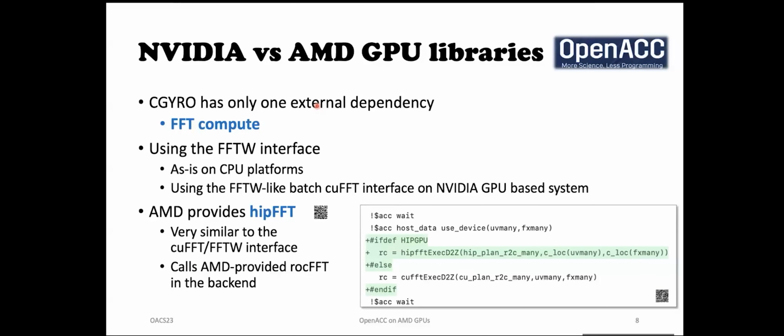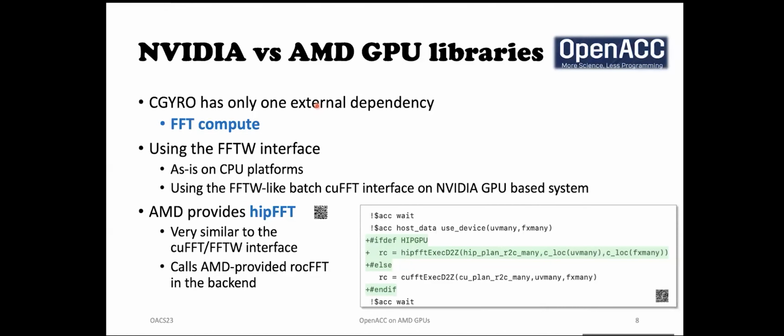Another thing is external libraries. Most codes I know of are not completely in-house. They have some external dependencies. Luckily for us, CGYRO has only one large external dependency, which is FFT compute. We have always been using the FFTW interface as is for CPUs, and using the FFTW-like batched cuFFT interface on NVIDIA GPUs.